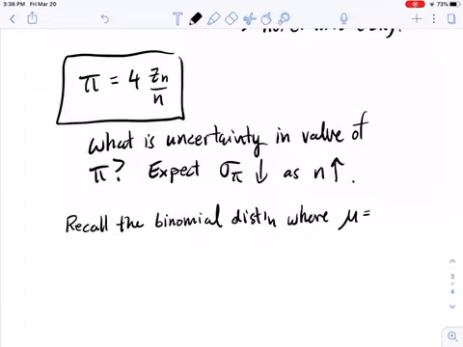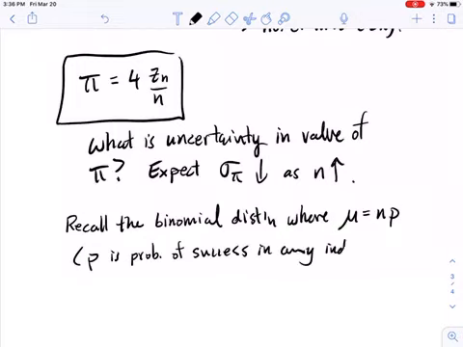So recall the binomial distribution, where the mean was n times p, where n is the number of trials and p is the probability of success in any individual trial.